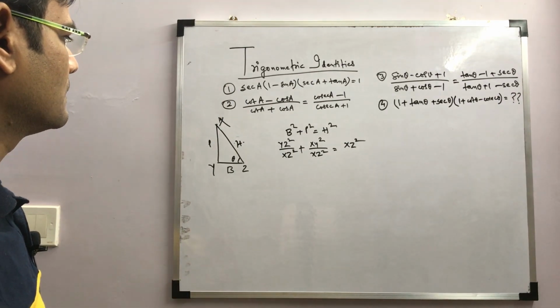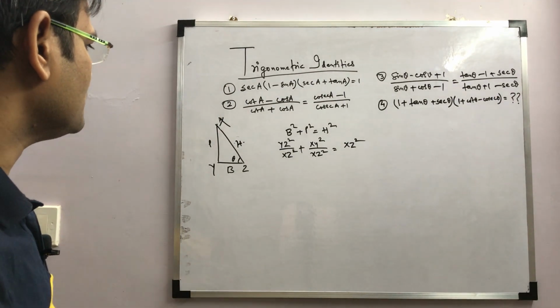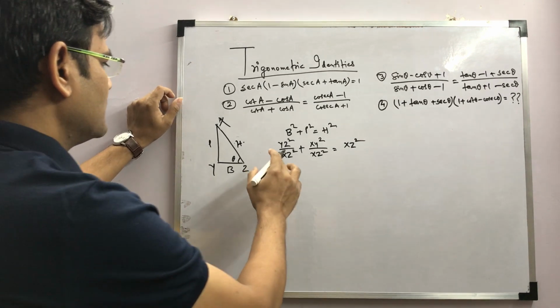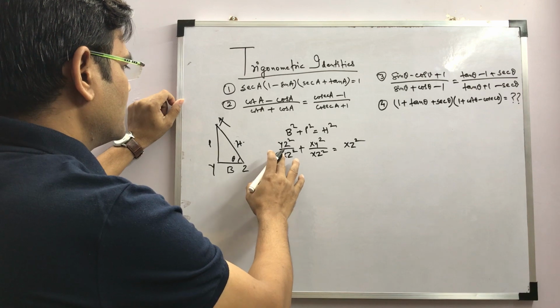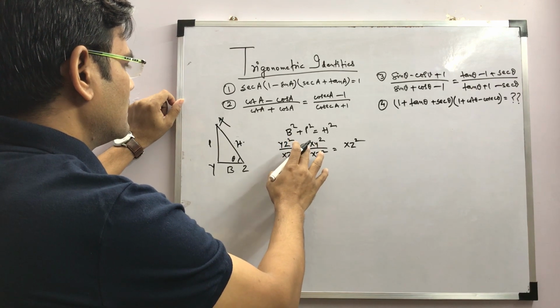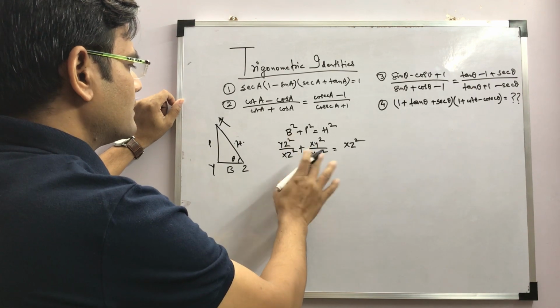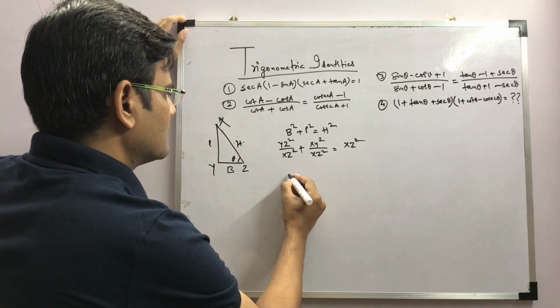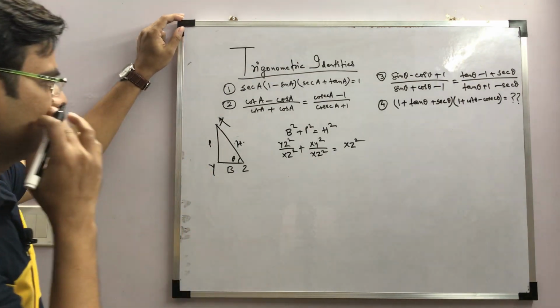Clear so far, right? Now you take the LCM as XZ square. Now try to extract sine theta from here.